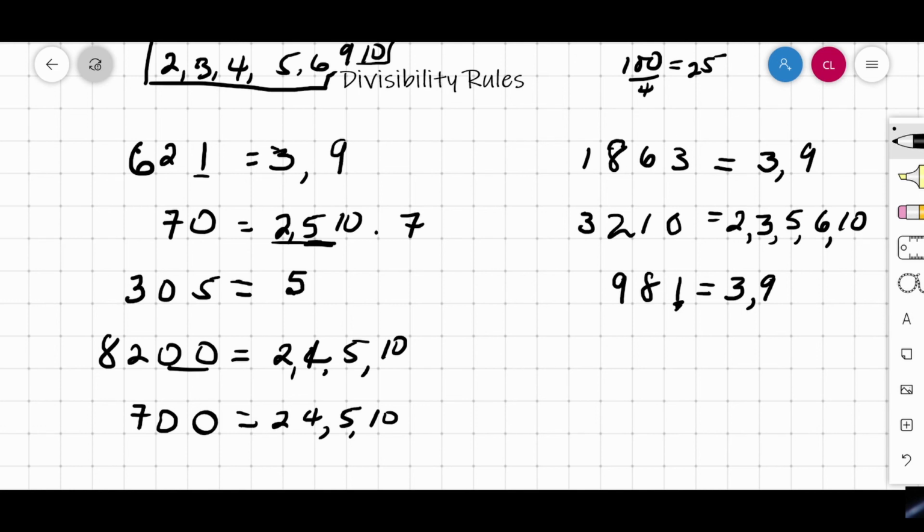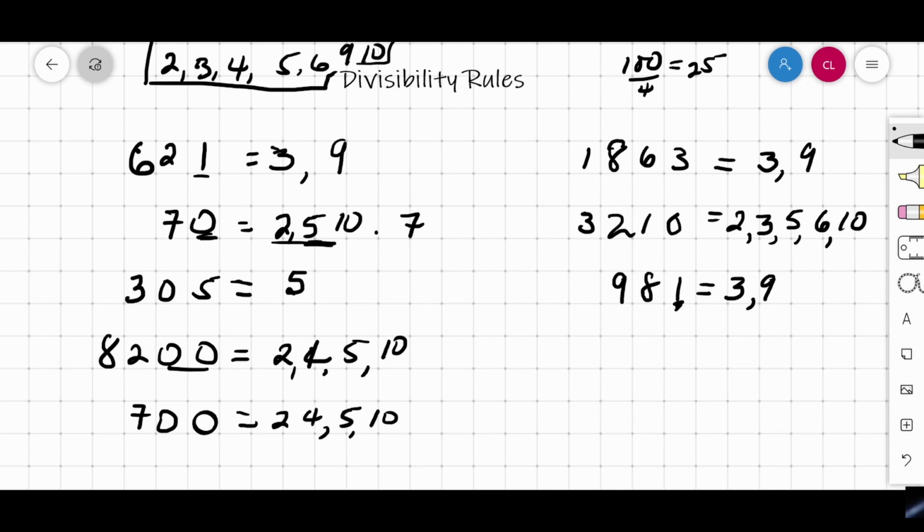We said that 621 is divisible by 3 and 9 because the sum of the digits is a multiple of 3 and the sum of the digits is also equal to 9. 70 is divisible by 2, 5, and 10 because this 70 is even and any number that has 0 can be divided by 5 or 10. Additionally though, we know that 7 is also a factor that could go into 70.